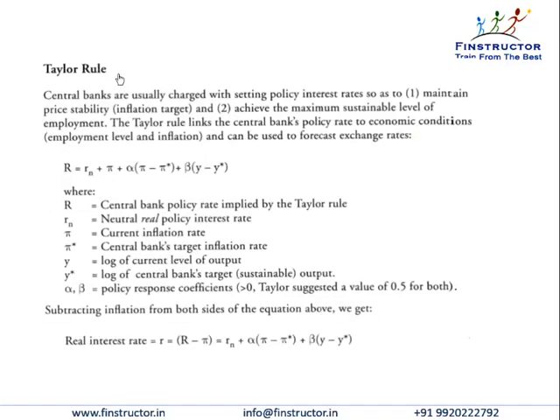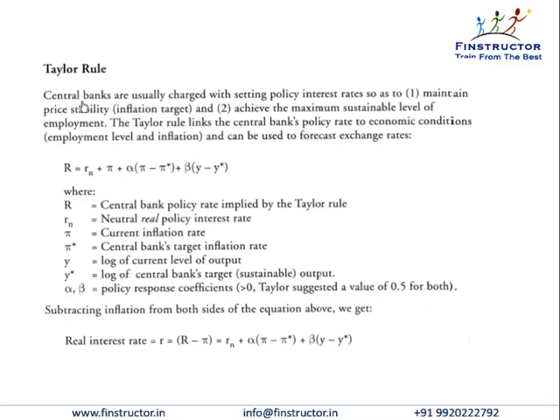We studied the Taylor rule a little bit at level 1. We will revise it once again. The Taylor rule is the rule according to which a central bank generally tries to decide its interest rate stance, that is, whether to increase or decrease the interest rate.